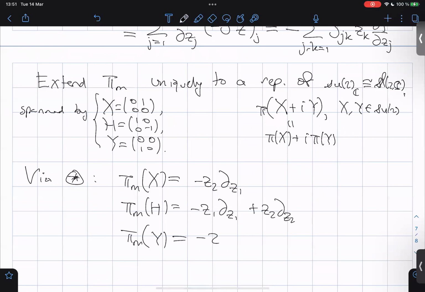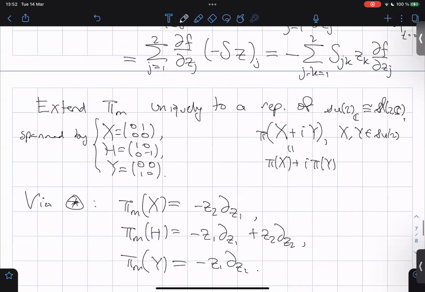And lastly, what's the Y action? Go through this computation on your own, but it's really just a direct application. So we have these generators here.